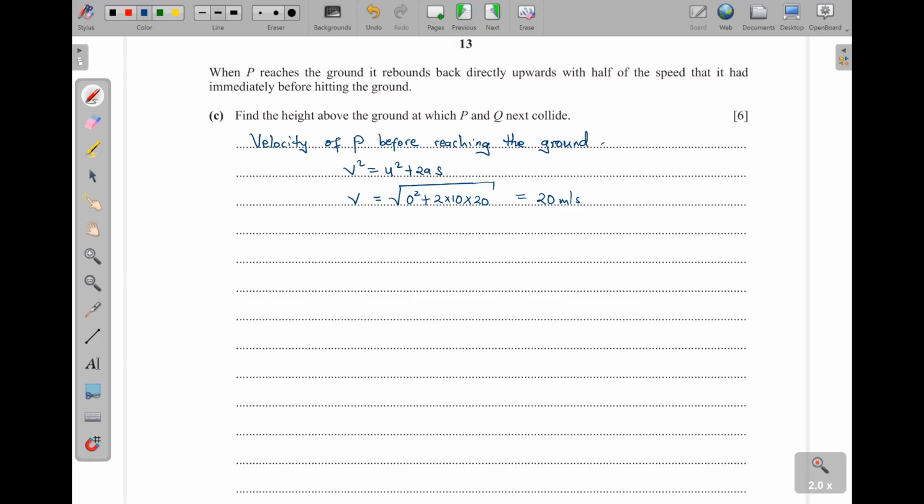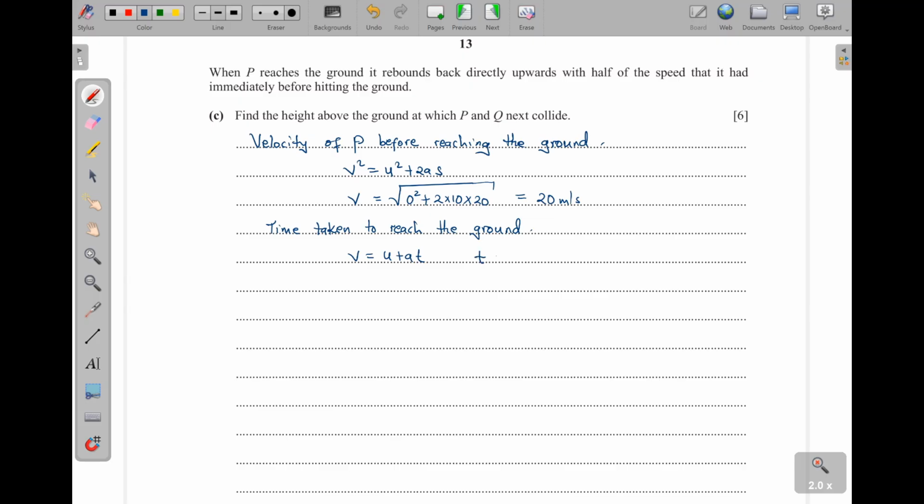Now, we also need to know the time taken to reach the ground. We can use V is equal to U plus AT.